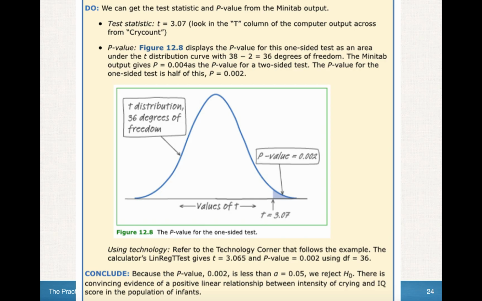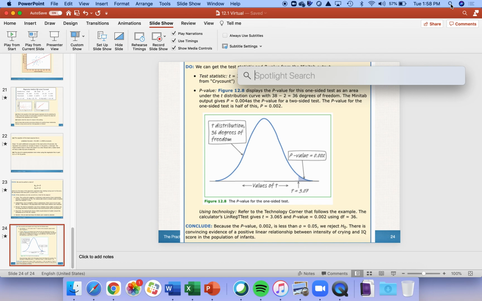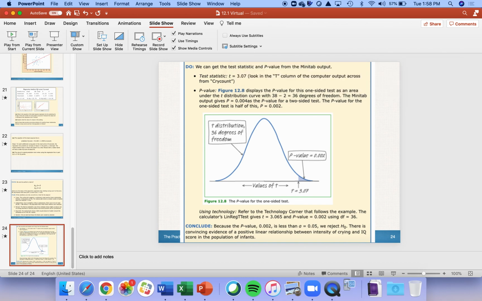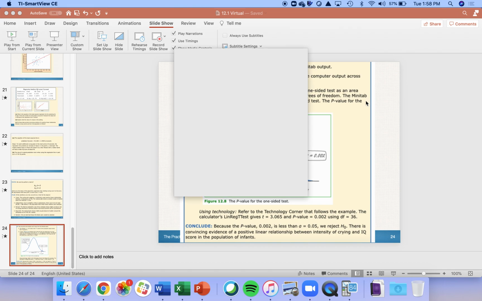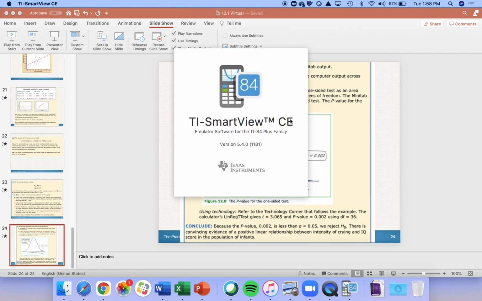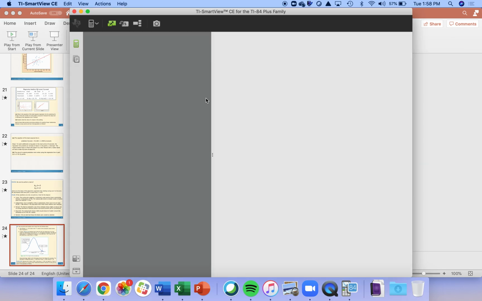If we wanted to do something in the calculator, I'll show you quickly where you can find it. Again, it's very rare to actually have to input data because usually they just give you a Minitab output. But if we needed to use the actual calculator, I still have the data in from the interval about the Ford F-150s, so my t-test would be about the Ford F-150s.